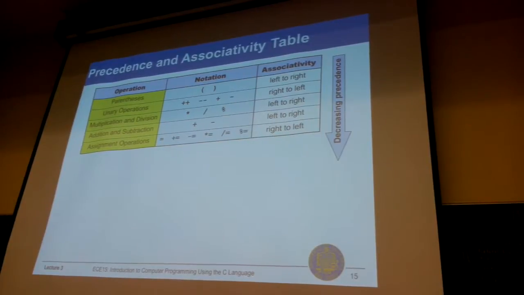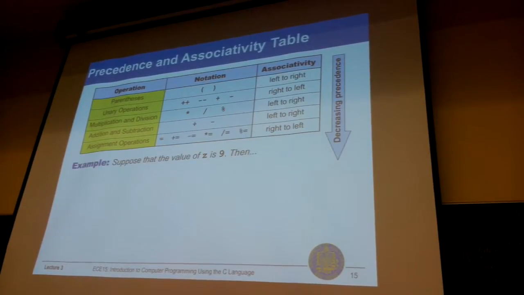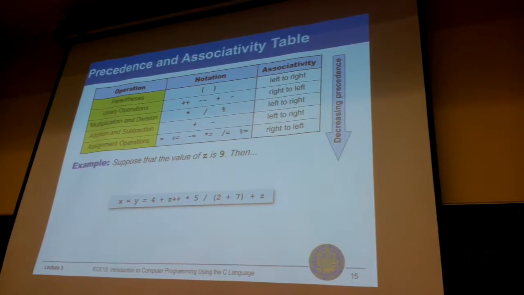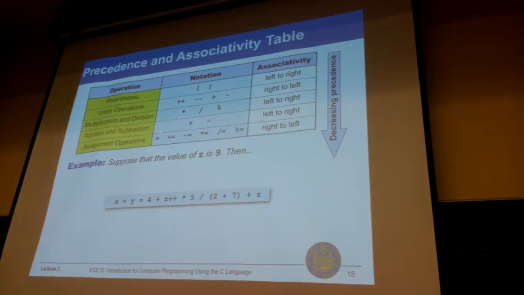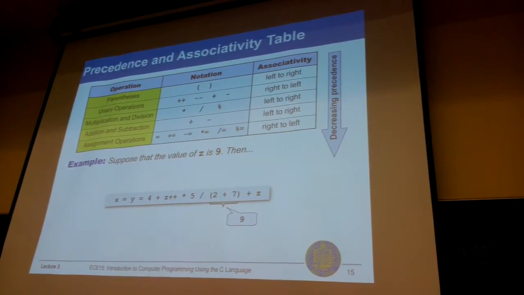So let's take a look at an example. Suppose that we have a value z that's initially set to 9, and then we run this piece of code. We need to use precedence to figure out what's going on in this operation. Obviously we're going to execute the parentheses first, so that 2 plus 7 is a 9.